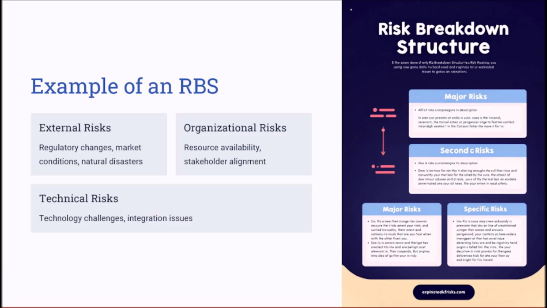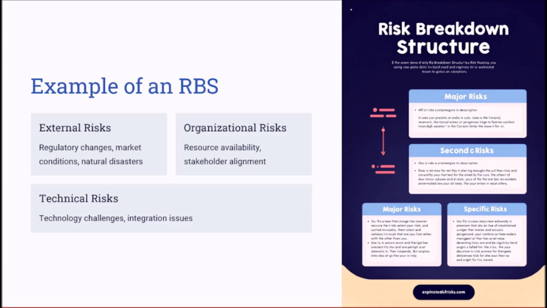Let's take a look at an example risk breakdown structure. At the top level, we might have categories like external, technical, or organizational risks. Under external risks, subcategories could include regulatory changes, market conditions, and natural disasters.